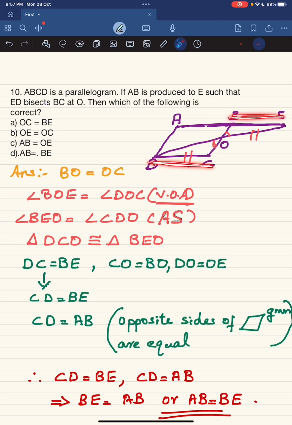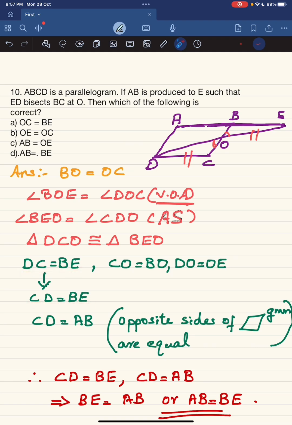BE, right? DC is equal to BE, then CO is equal to BO, right? Then DO is equal to OE.